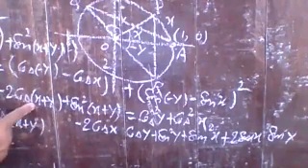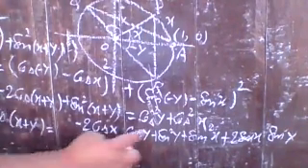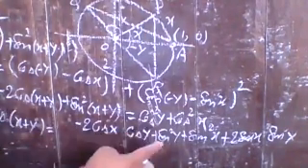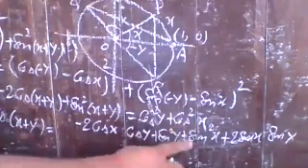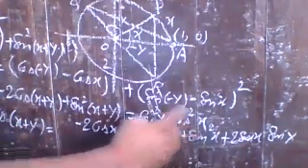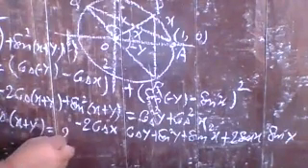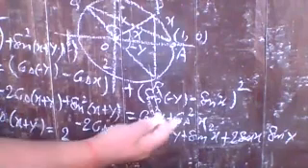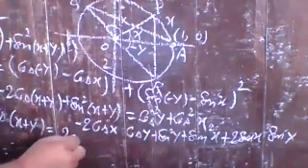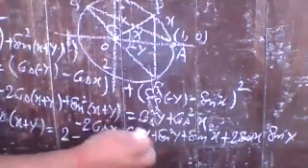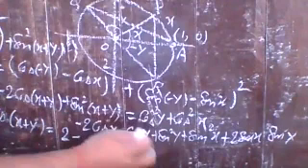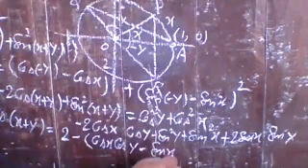On the other side, cos square y plus sine square y is equal to 1, and in the same way cos square x plus sine square x is equal to 1, so 1 plus 1 is equal to 2. Now taking minus 2 common from the remaining terms, you have cos x cos y minus sin x sin y.